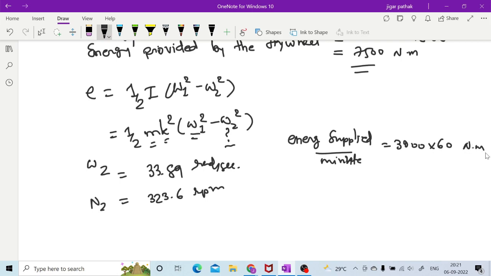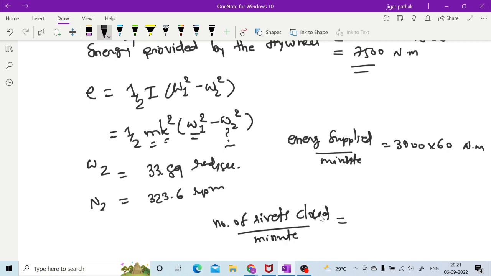Once you have the energy supplied per minute, you can calculate the number of rivets closed per minute. How can you calculate that?